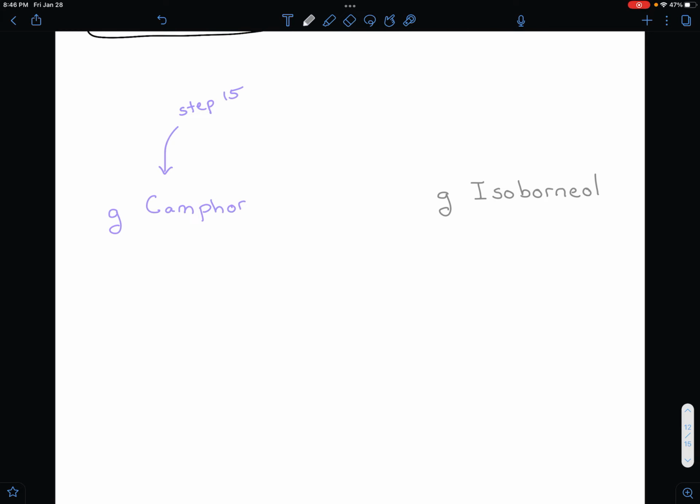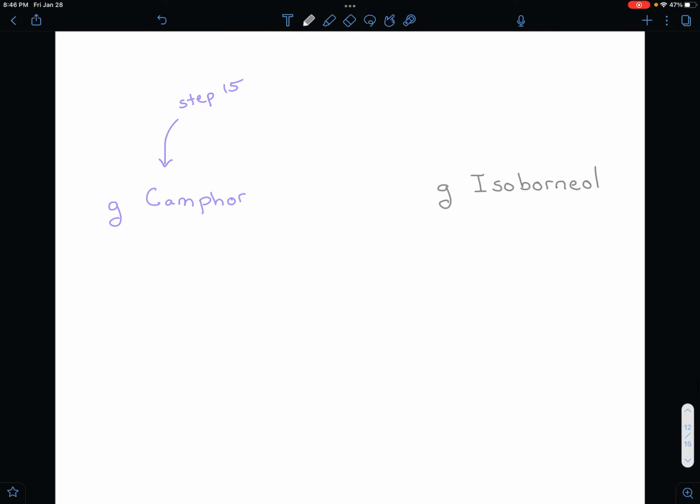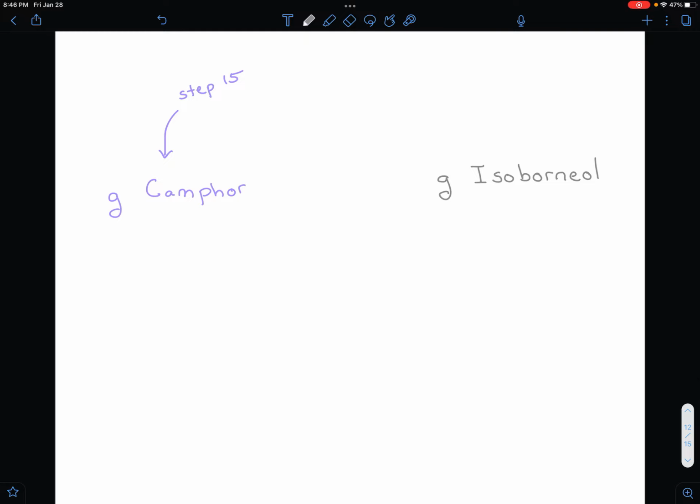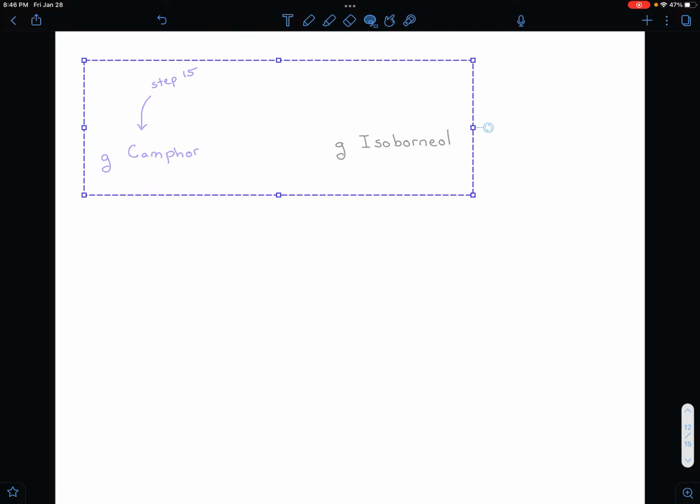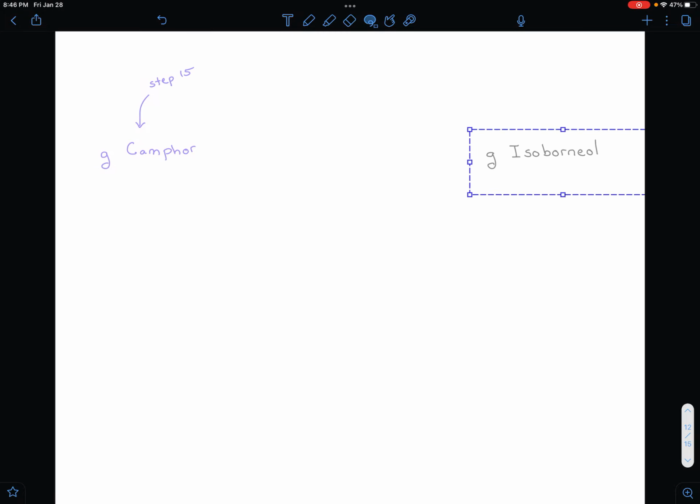How much product could we make with that much camphor? So we want to convert grams of one thing into grams of another. Anytime you convert grams of one thing to grams of another, you have to go through moles. So let me write out a little sort of flow chart for how you do this conversion, and then we'll unpack it.